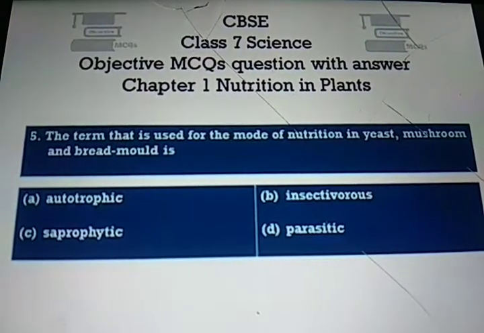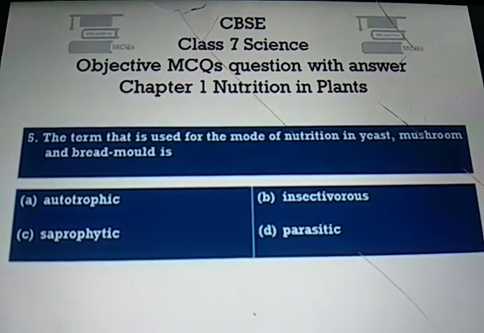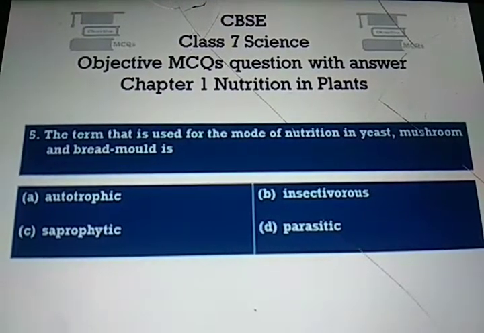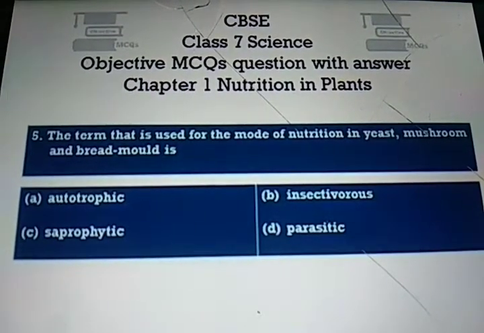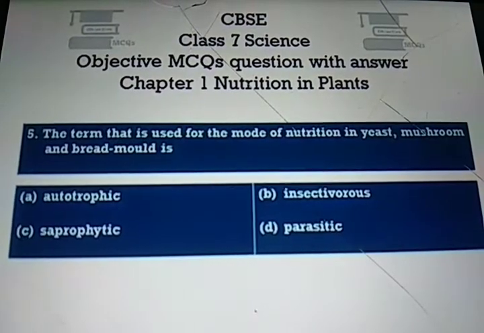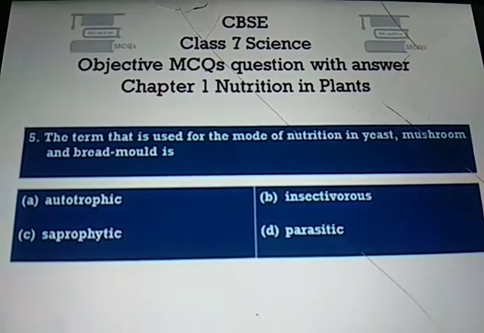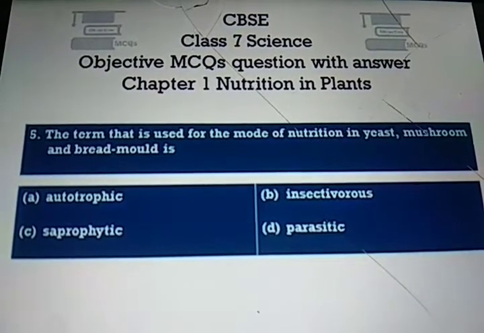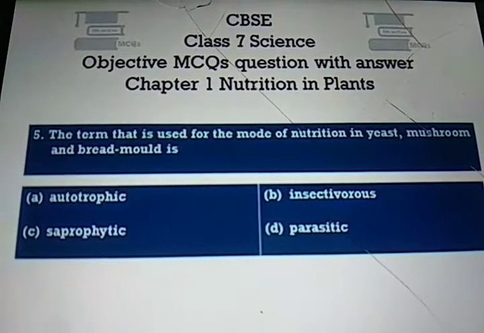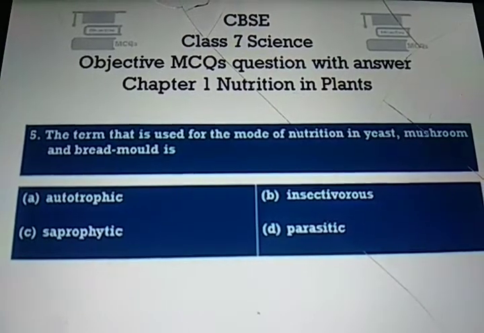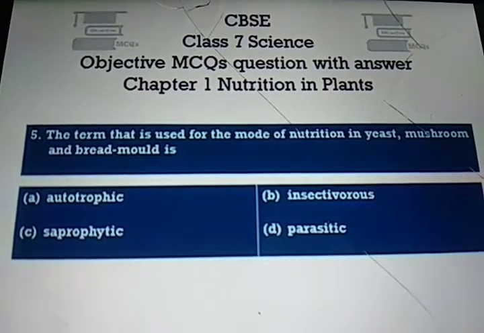Question number 5. The term that is used for the mode of nutrition in yeast, mushroom and bread mold is option A, autotrophic. Option B, insectivorous. Option C, saprophytic. Option D, parasitic.